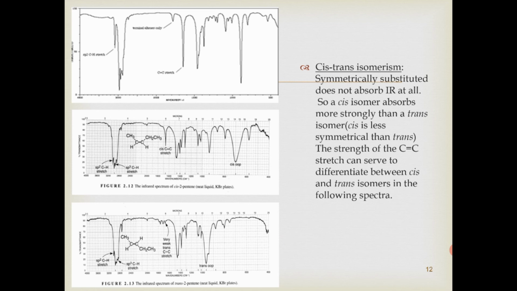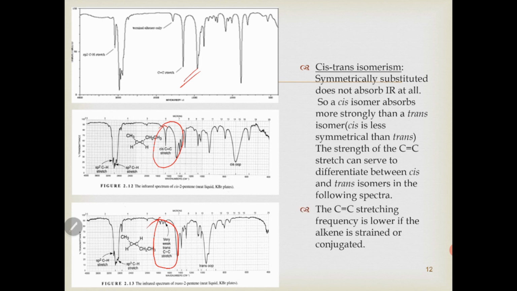Cis is less symmetrical than trans. The strength of the CC double bond stretch can serve to differentiate between cis and trans isomers in the following data. See here, we have already discussed this. Okay, this is the blank one to compare.